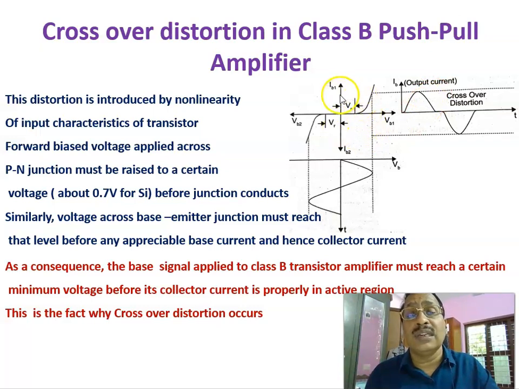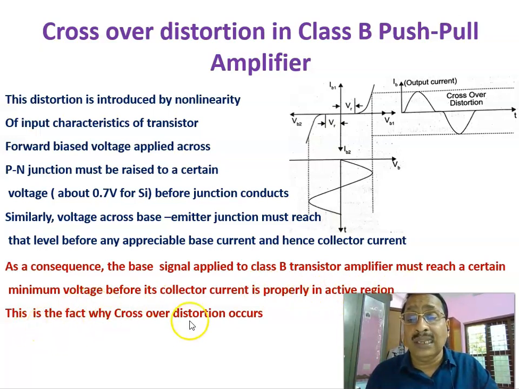That is because of the non-linearity of this device, the transistor, and because we select the operating point near cutoff, unlike the class A push-pull amplifier. Due to that, the crossover distortion happens. As a consequence, the base signal applied to the class B power amplifier must reach a certain minimum voltage before the collector current is properly in the active region.